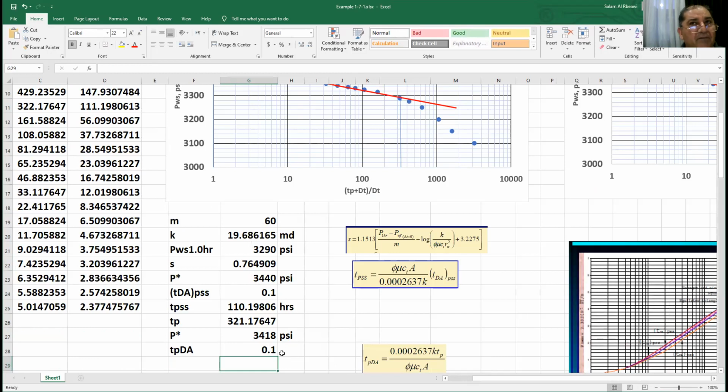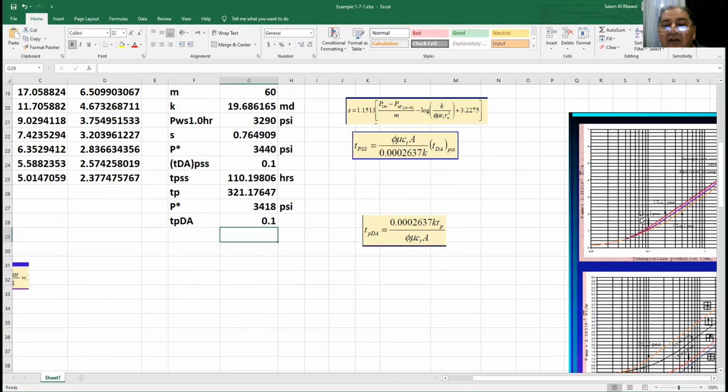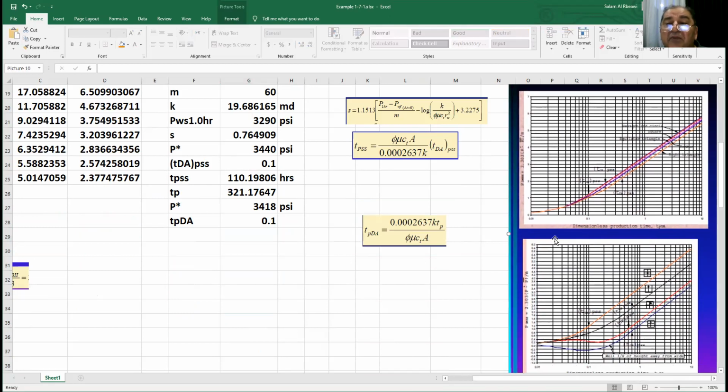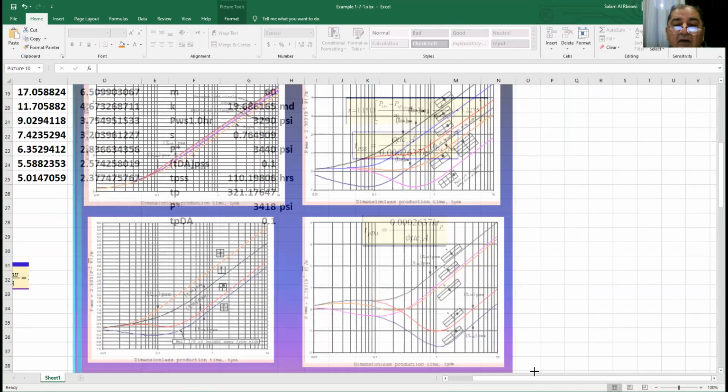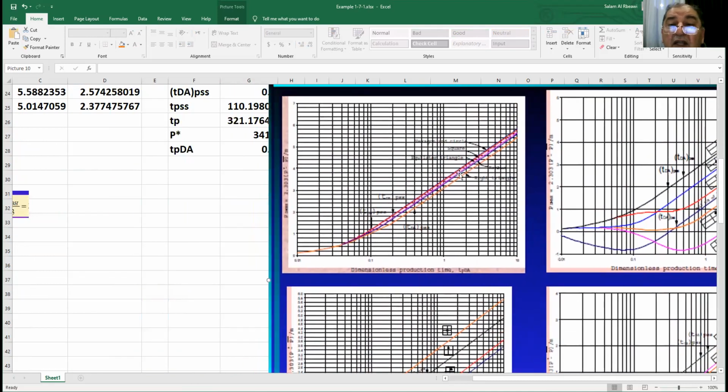So it is 0.1. Now we're going to go to the 4 figures given by Matthews, Brons, and Hazebroek, and we are going to use the first one. Either for hexagonal or circle, the first one, and the one just below is for a square. So here is the line, the second one, square.